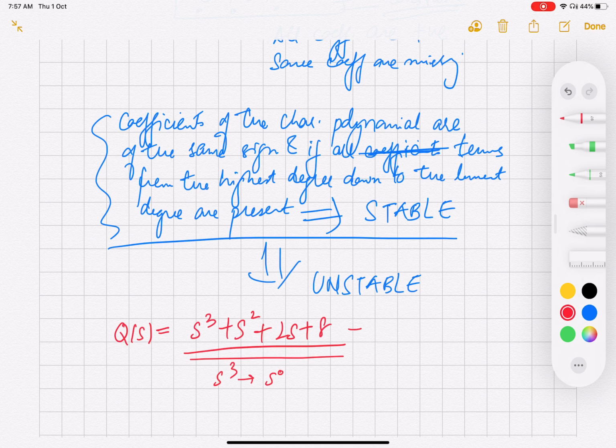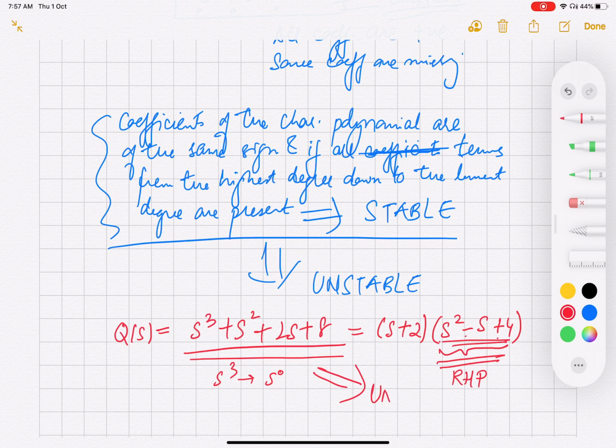But if you factorize this, this is actually s plus 2 into s square minus s plus 4, right? So you see that here you have right half poles. This is a characteristic equation of an unstable system, although all the coefficients are positive and all the terms are present.